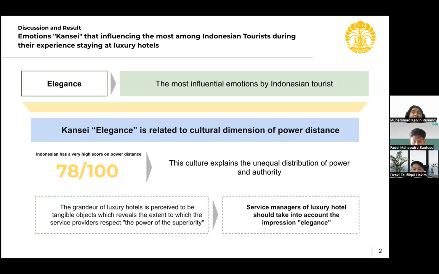The luxury hotel is perceived to be a tangible object, which reveals the extent to which the service provider respects the power of superiority. It gives another practical implication that service managers of luxury hotels should take into account the impression of elegance when they serve Indonesian tourists.